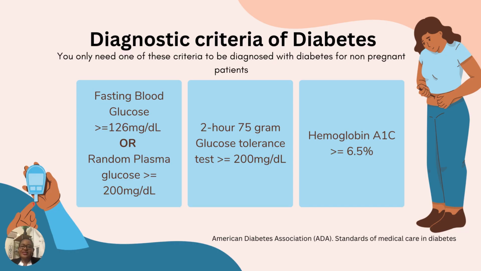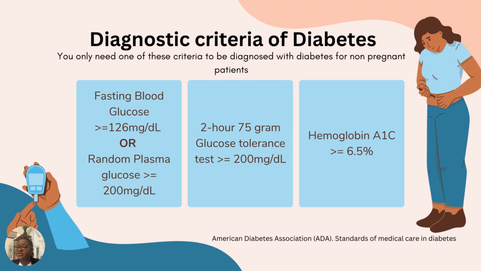Now, we are going to start with talking about the diagnostic criteria of diabetes in non pregnant patients. There are three criteria, and any one of these criteria has to be met for someone that is not pregnant to be diagnosed with diabetes.